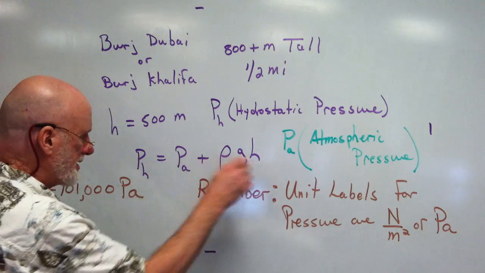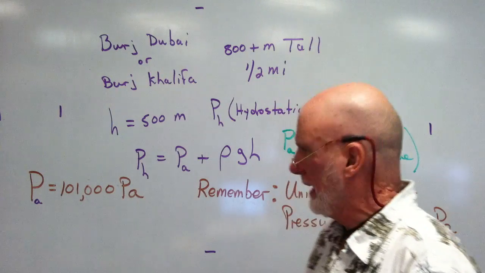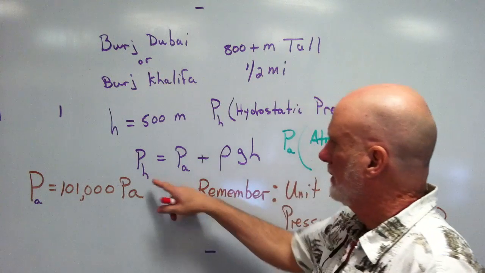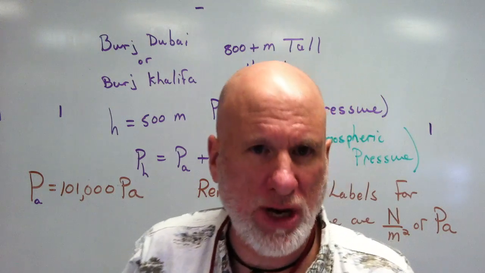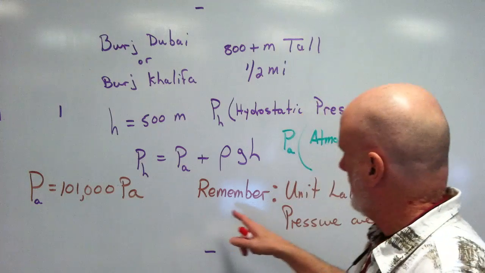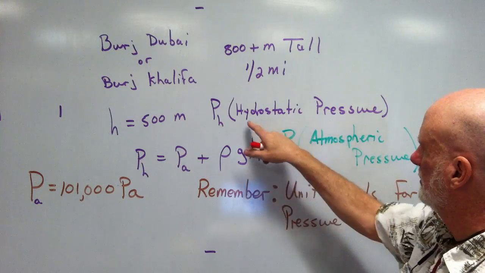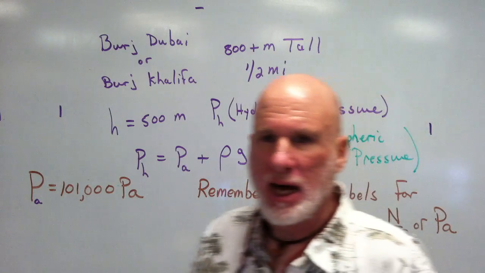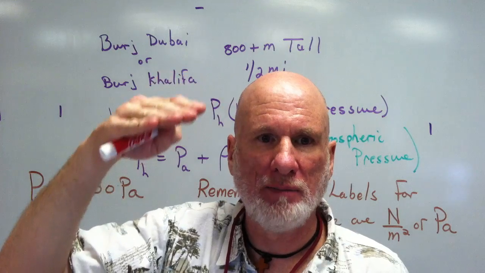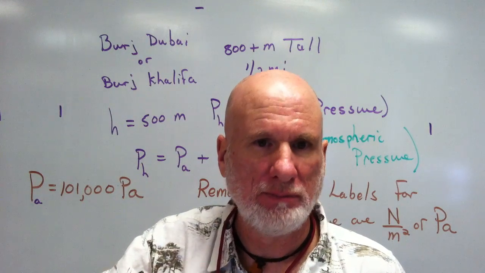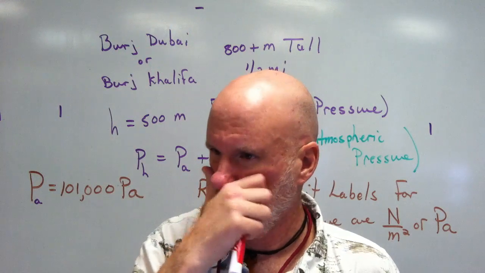Now, what is this additional aspect? Well, P, pressure, sub H, is hydrostatic pressure. Hydrostatic pressure is the pressure from the fluid column, the water, plus the atmospheric pressure.